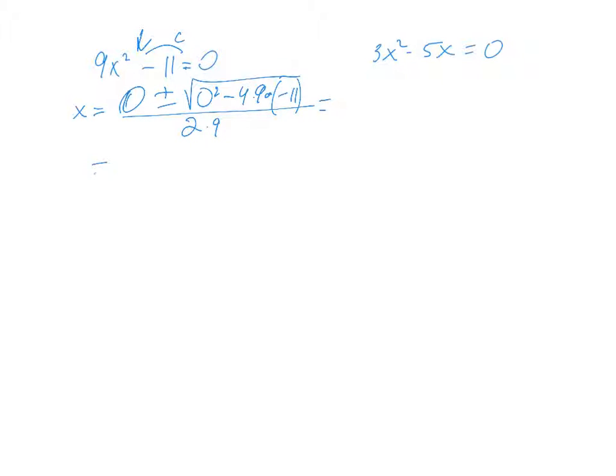Okay. So 0 plus minus, so I don't need the 0 really. Plus minus square root, 0 squared is 0, minus negative times negative, again positive. So it's 4 times 9. I'm actually not going to multiply them out. You will see in a moment why.